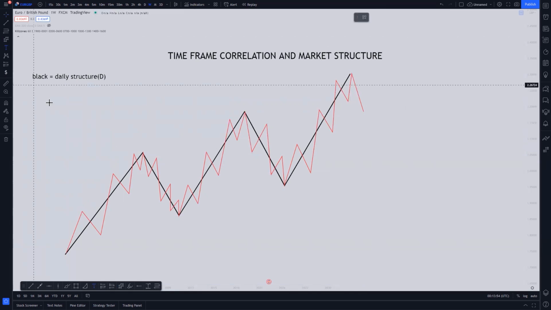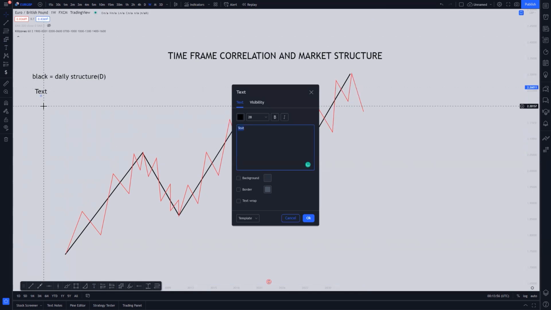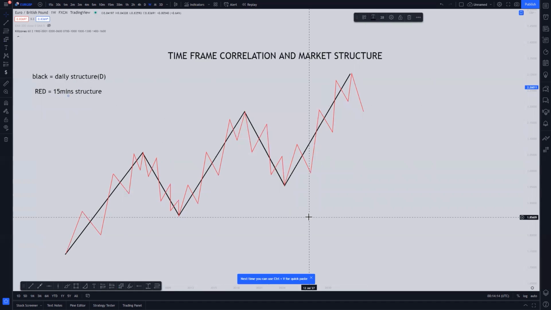So let's say red represents 15 minutes. Red represents 15 minute structure. All right, so red represents 15 minute structure.